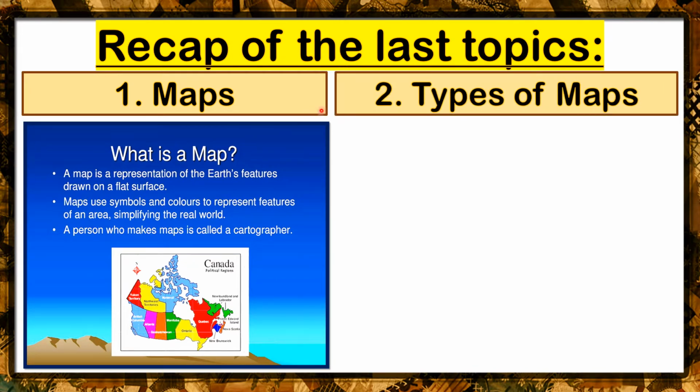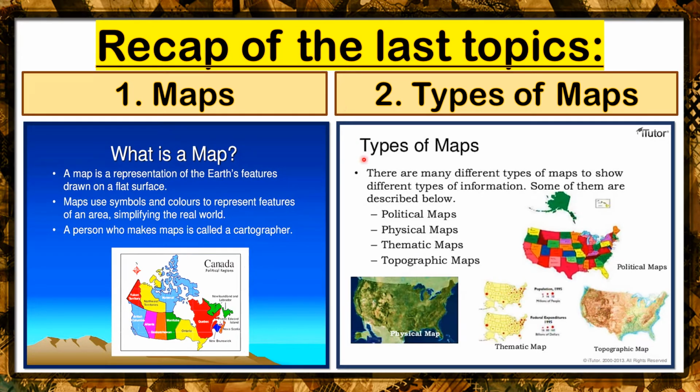The second topic that we have discussed is about the different types of maps. There are many different types of maps to show different types of information. Some of them are described below. Political maps show the name of the country and the capital city. Physical maps show the physical features of the earth or a specific area.